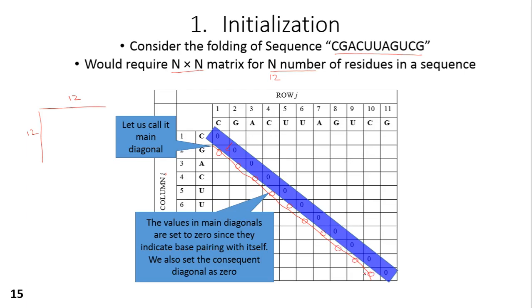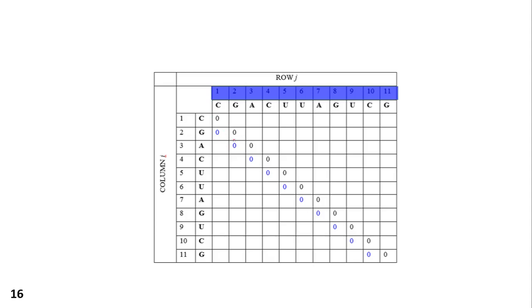You will learn in a while why we do this. But for the time being, when we have initialized our process, that means we have set all the values in our main diagonal to 0. We have identified the consequent diagonal and we have set its values to 0 as well. Okay, so this is what we have done.